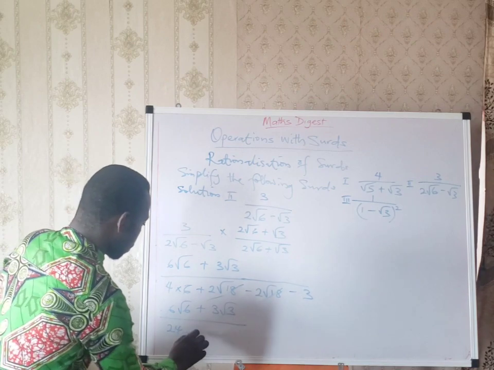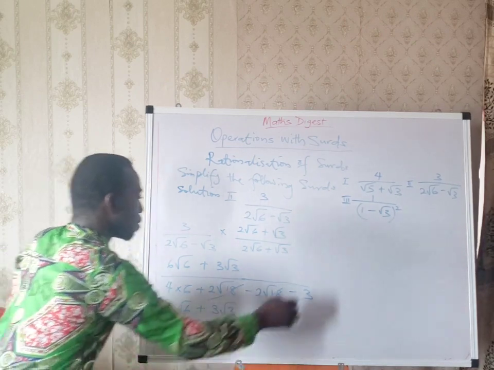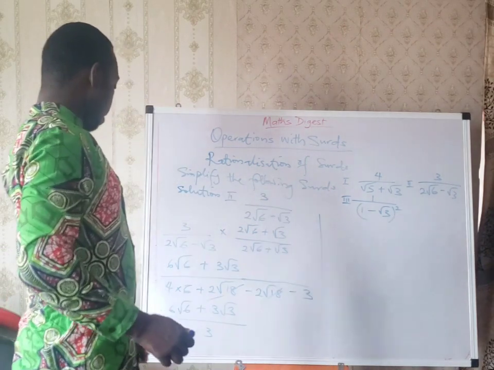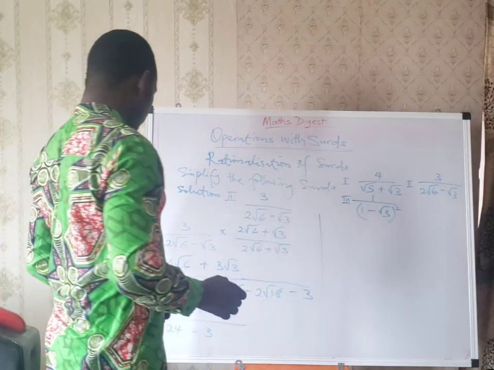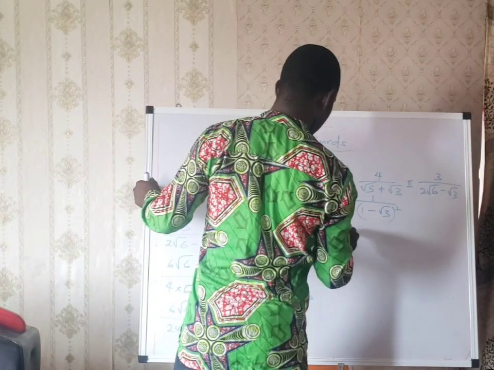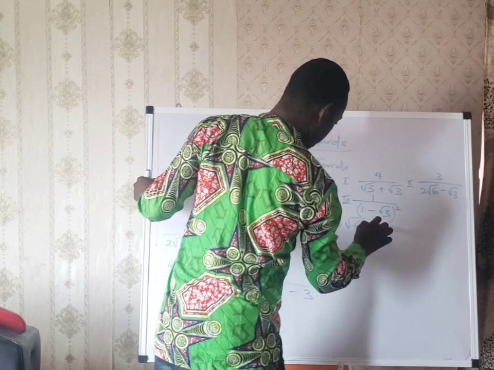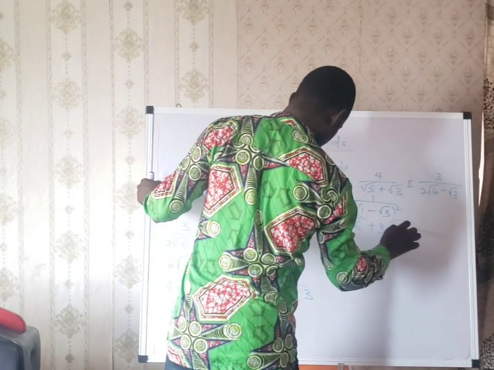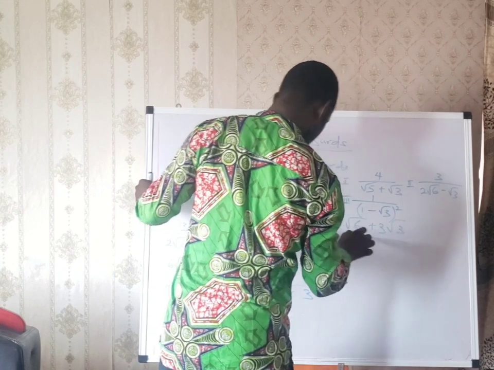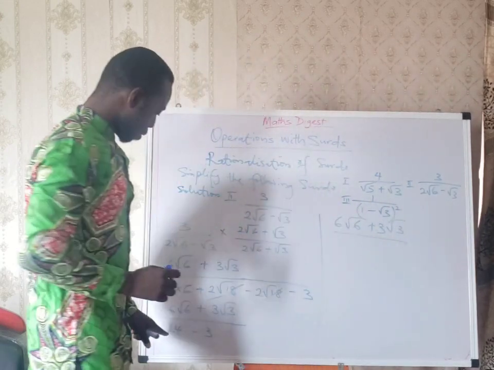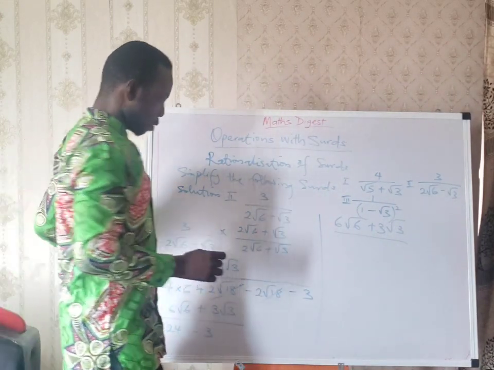You now have minus 3. Follow me. Now from here we can have 6 root 6 plus 3 root 3 all over 24 minus 3 is what? 21.